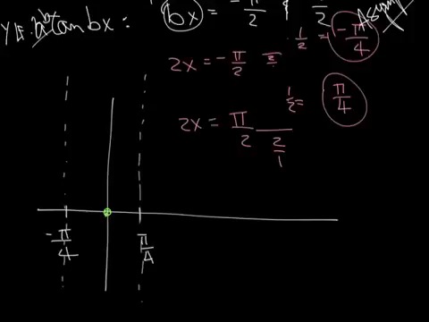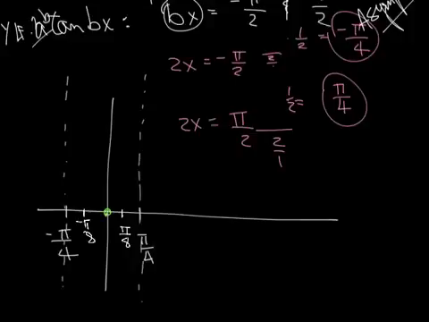So what is halfway between negative pi over 4 and 0? Well, half of pi over 4 would be pi over 8. So we're going to graph that. We've got negative pi over 8 right here, and then we have pi over 8 here.